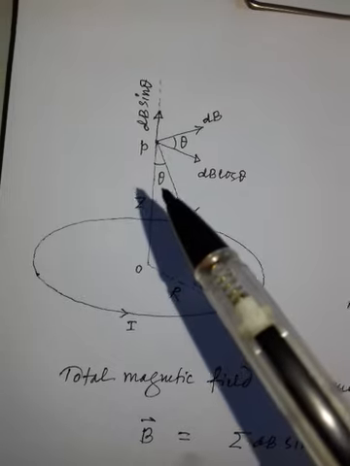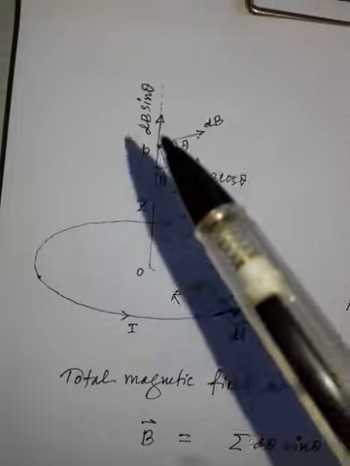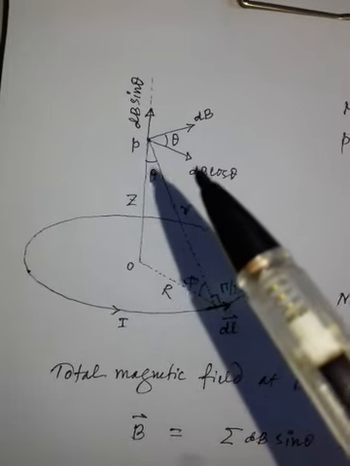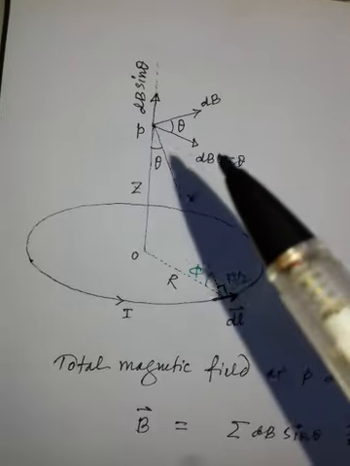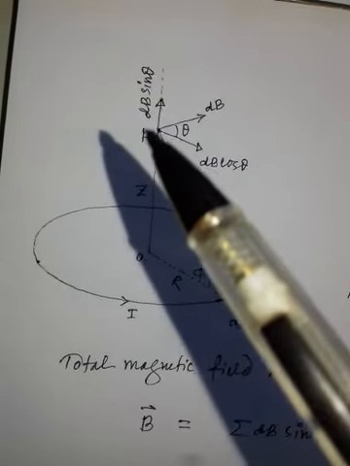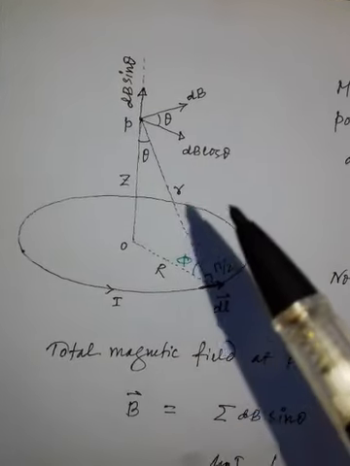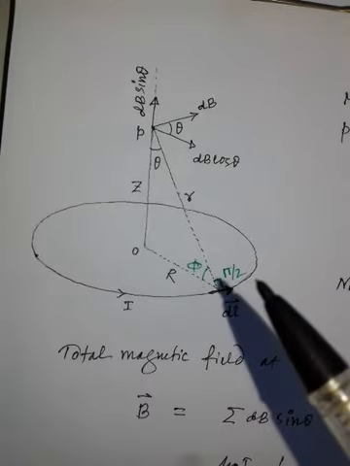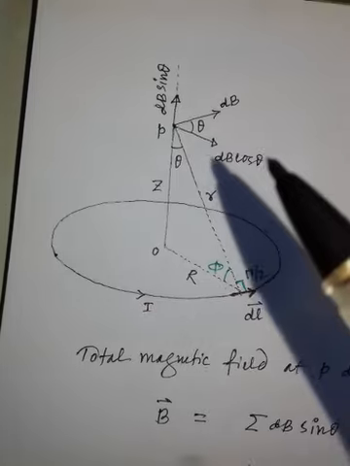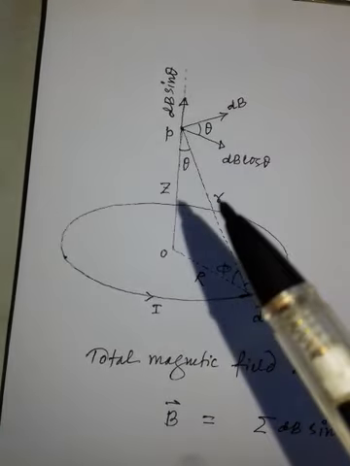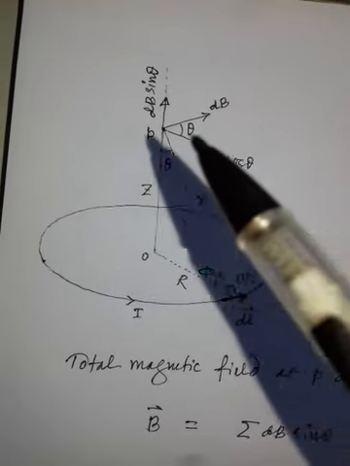If we take this angle as theta, then this angle also will be theta, and if we divide dB into its components, its horizontal component dB cos theta and vertical component dB sin theta, then considering the entire loop, all the dB cos theta terms will cancel out, because all these dB cos theta are in the horizontal plane.